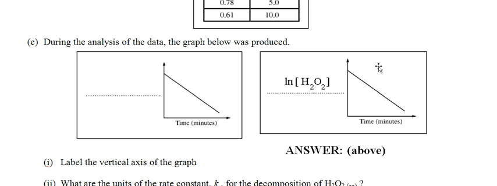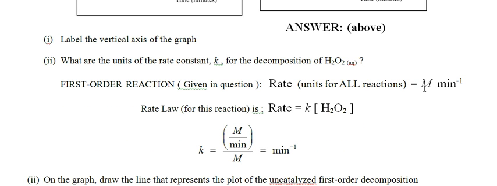We still want to keep this a negative slope. So if I'm looking at an uncatalyzed representation, I will start at this point right here, at that concentration in time, and then I will do what? How will my slope look?